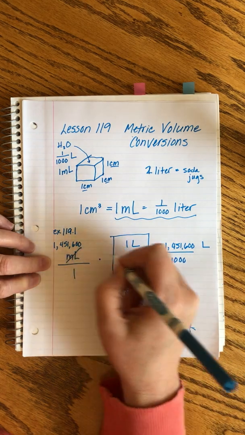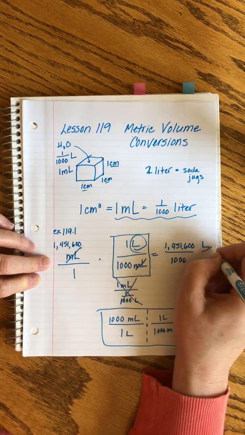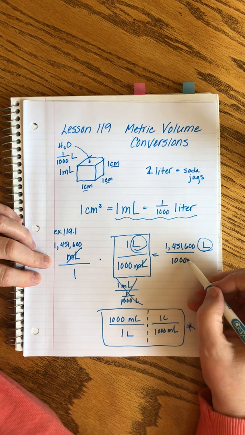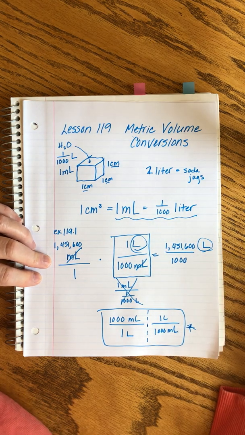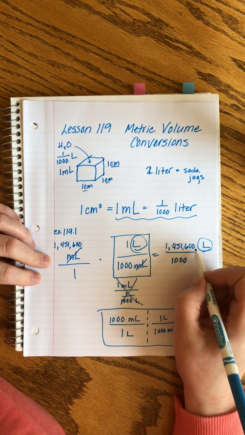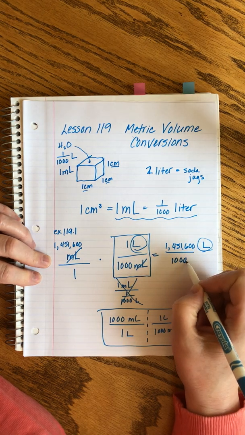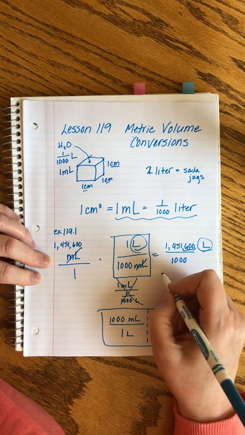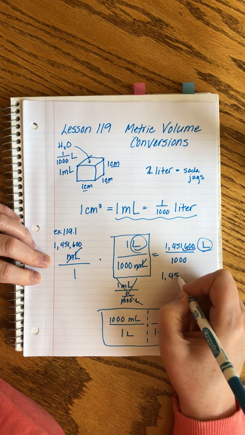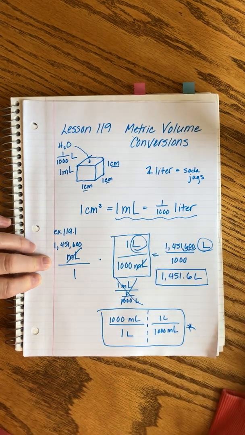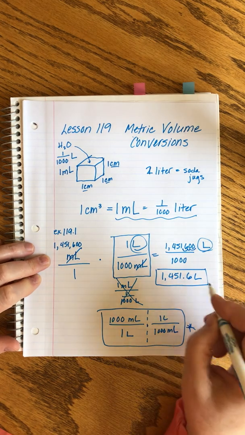Oh, I forgot to cancel my units. We're left with liters, that's what we want. Now, because the metric system is so cool, dividing by 1,000 we can do easily just by jumping the decimal. Remember that if we're dividing by 1,000, we make the number smaller by 3 jumps, as many jumps as there are zeros. So 1, 2, 3. So our answer is 1,451.6 liters. Yay, that's right.